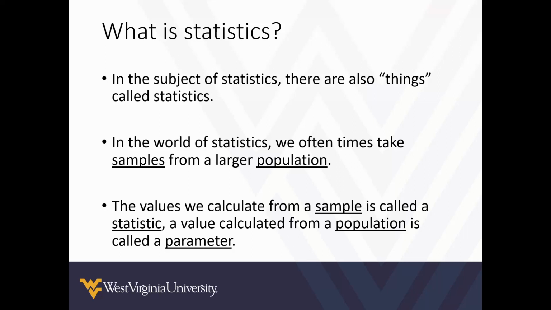So if I were to poll everybody in this class about the quality of the food in the Layer, that value would be a statistic. If I were to poll everyone at WVU about the quality of the food in the Layer, that would be a parameter, because I've polled everybody in the population.